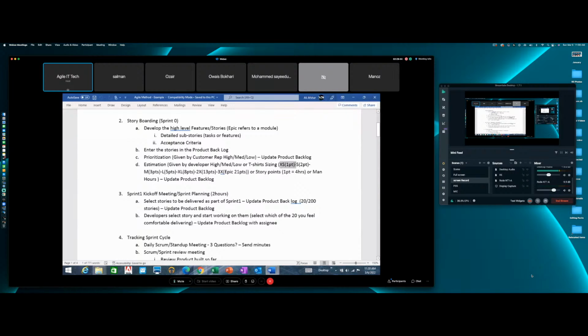So if you completed a task that was extra small, it is equivalent to 1 point. That is the smallest effort. A small shirt would get you 2 points, meaning a small would be equivalent to 2 extra smalls. Everybody clear? A medium effort would be equivalent to an extra small and a small combined. So what is 2 plus 1?